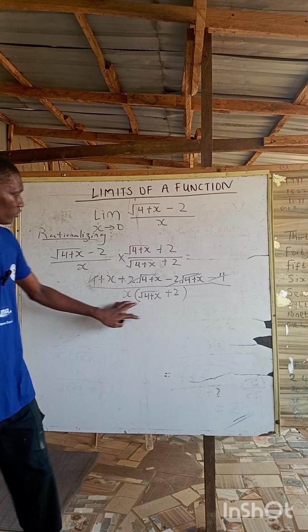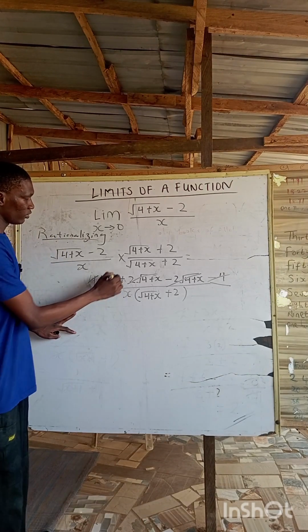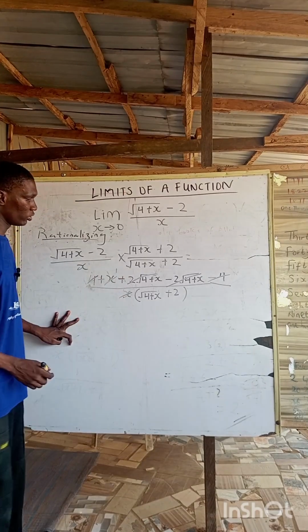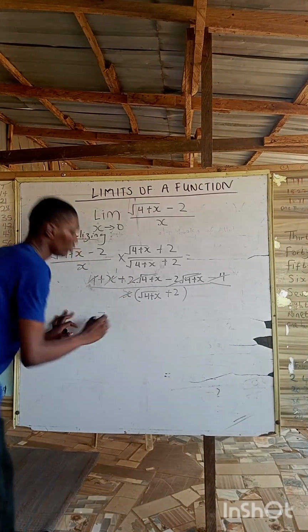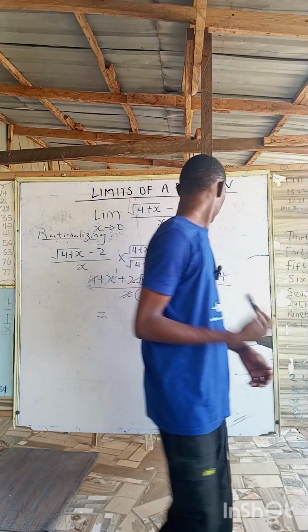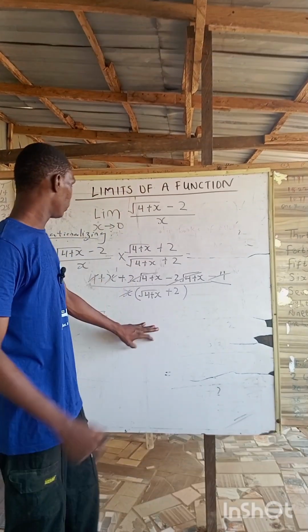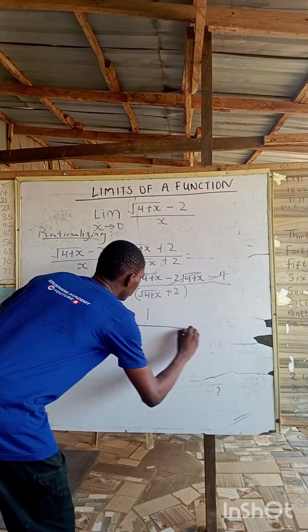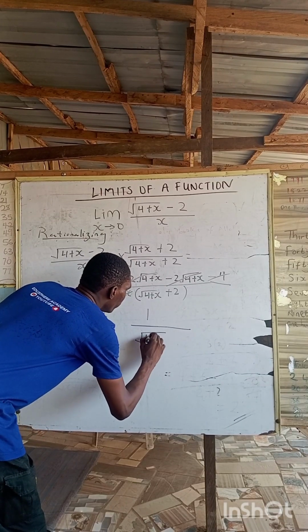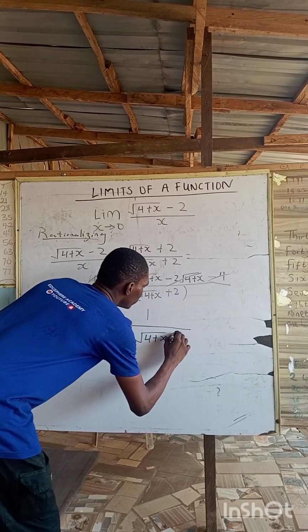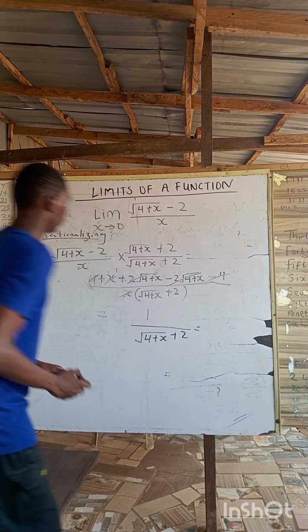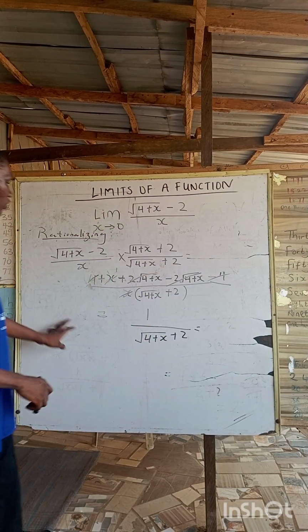We are left with x over x times the bracket. This x can cancel the x there, that will be 1, so we are left with 1 over root 4 plus x plus 2.